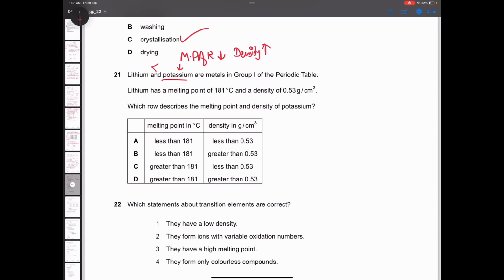Because as you go down the group, lithium, sodium, potassium, rubidium, the density or the mass increases. So between lithium and potassium, potassium will have more density. You simply have to pick the option which says that density is more but the melting point is less. So option B will be the correct answer here.